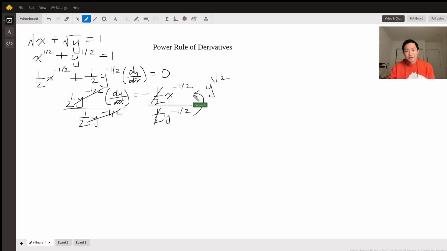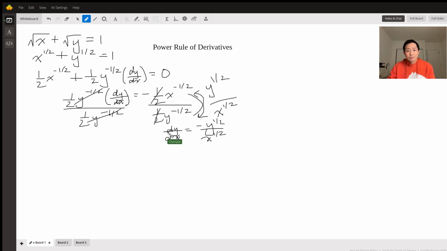This x to the negative 1/2 is going to bring this down to the bottom if we rewrite it using positive exponents. So x to the 1/2 down here. And this negative is still here, of course. So dy over dx is therefore going to equal negative y to the 1/2 power over x to the 1/2 power.